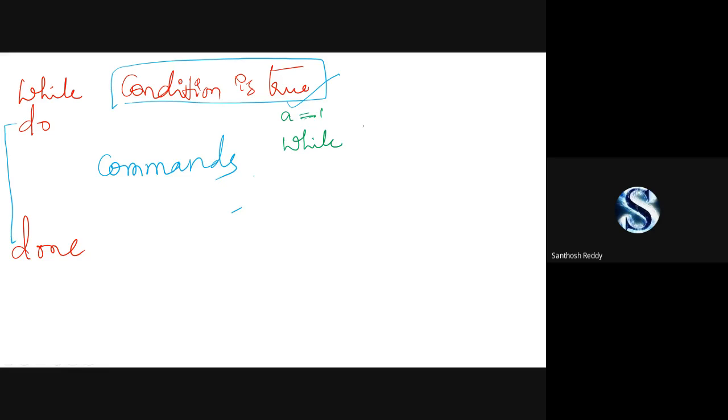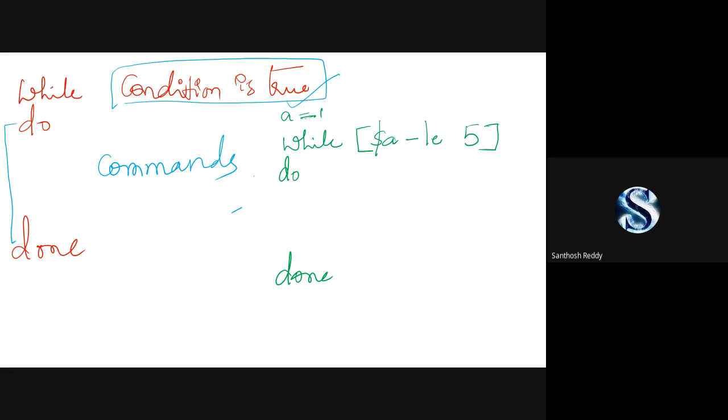While, space, square parenthesis, within the square parenthesis we have to specify the condition: $a less than or equal to 5. Until this condition fails, it has to work.